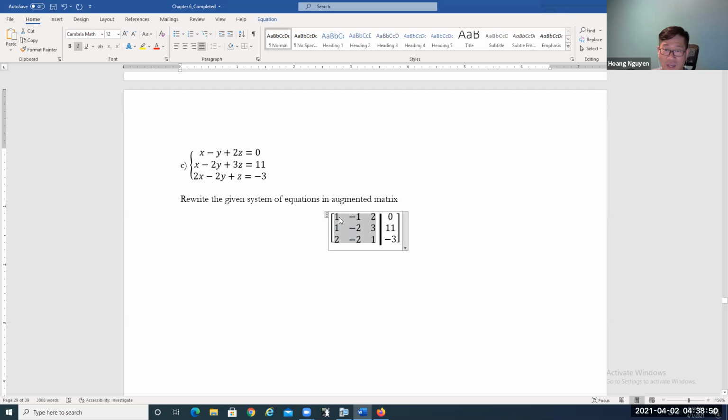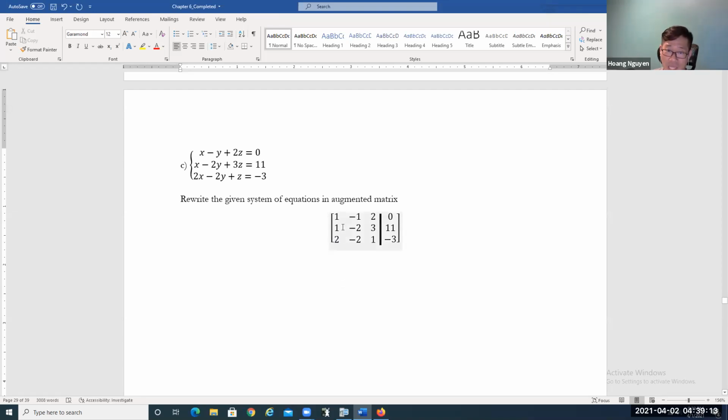This element already equals 1, so that's good. We keep that one, and now we're going to make all the elements below it 0.